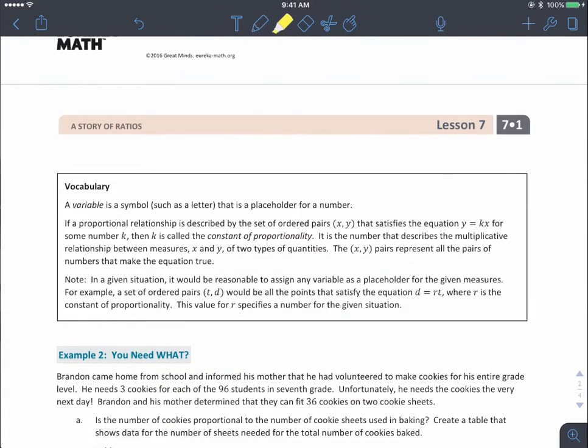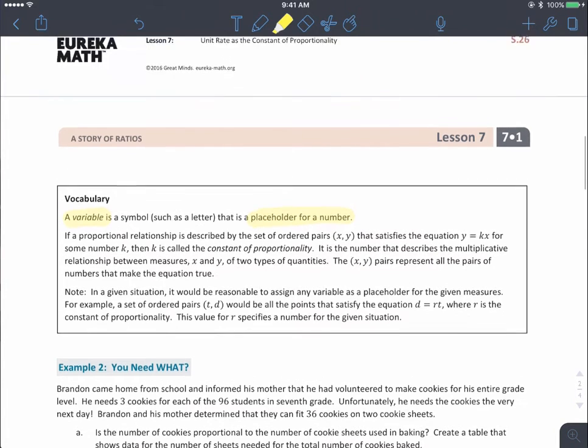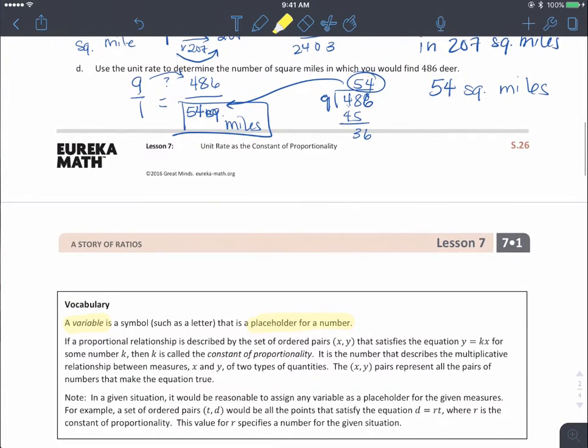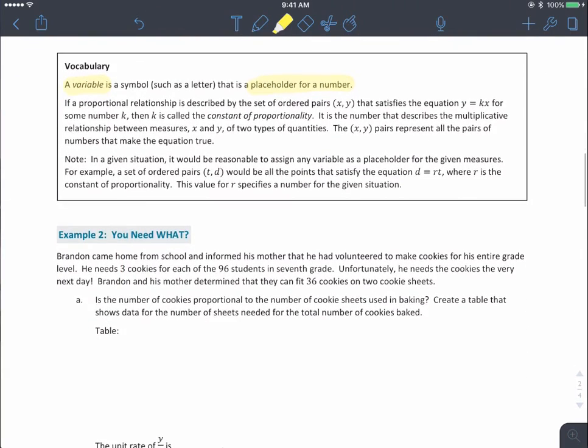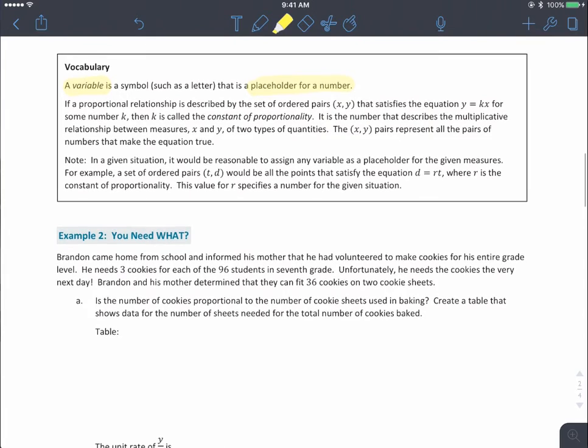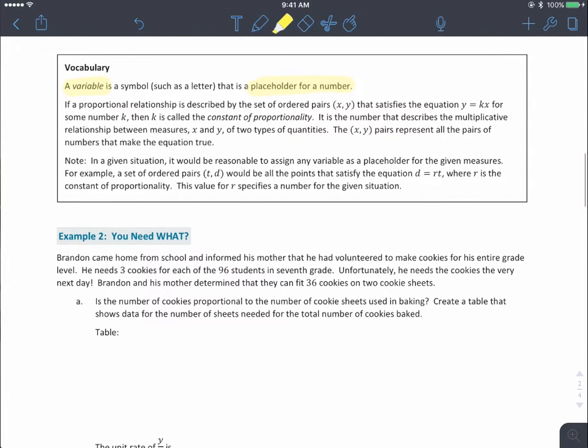Well, in the past you've learned that a variable is what we take place of the unknown. Okay, it's a placeholder for a number. So instead of having that question mark like I put in before, we would use a placeholder or a letter to help us just have a placeholder for that.